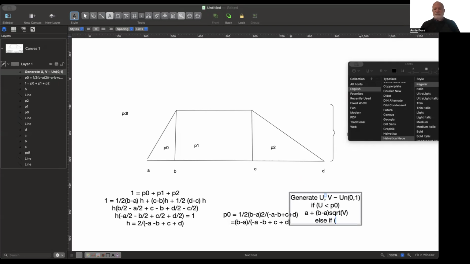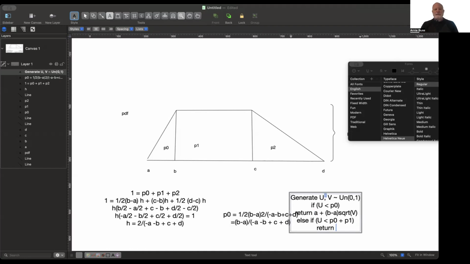Else if, now here's sort of the tricky thing you have to watch out for. We have to start adding the probabilities together.